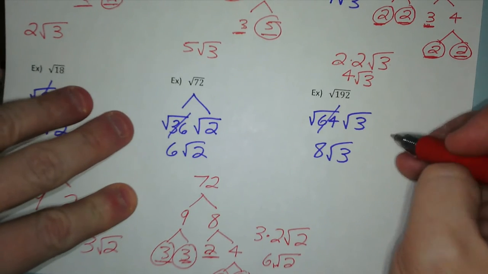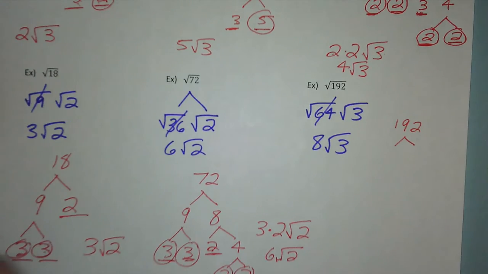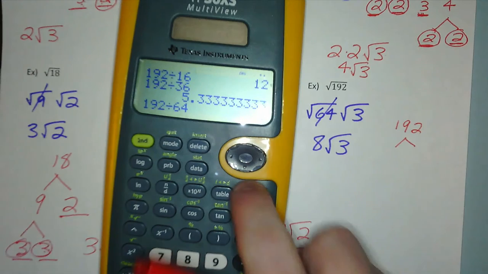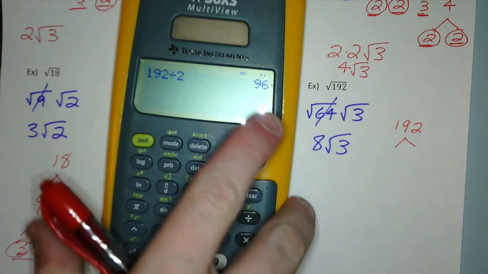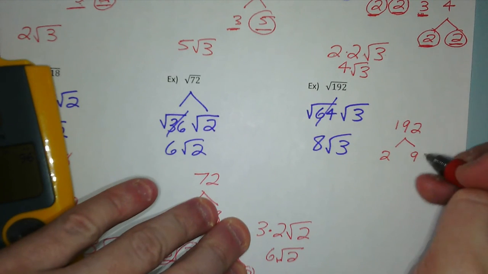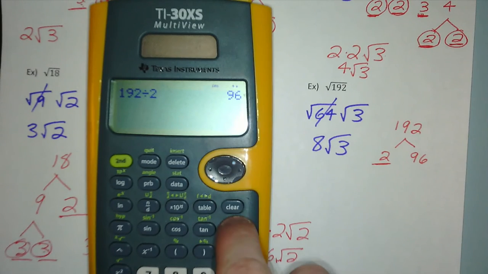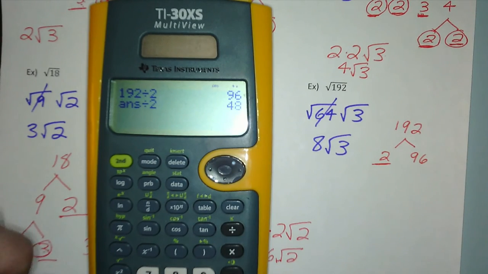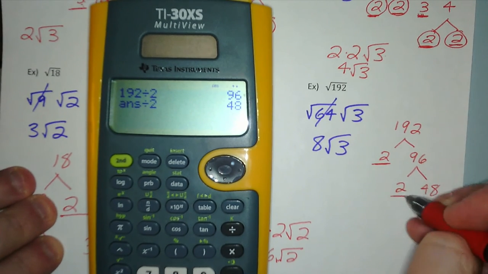If you did 192 this way, heck, I don't think I'd blame you too much. Let's see, what's 192 divided by 2? 96. So technically this is 2 times 96. So that's done. But 96 can get broken down again, right? Into 2 times 48. So that 2's done.